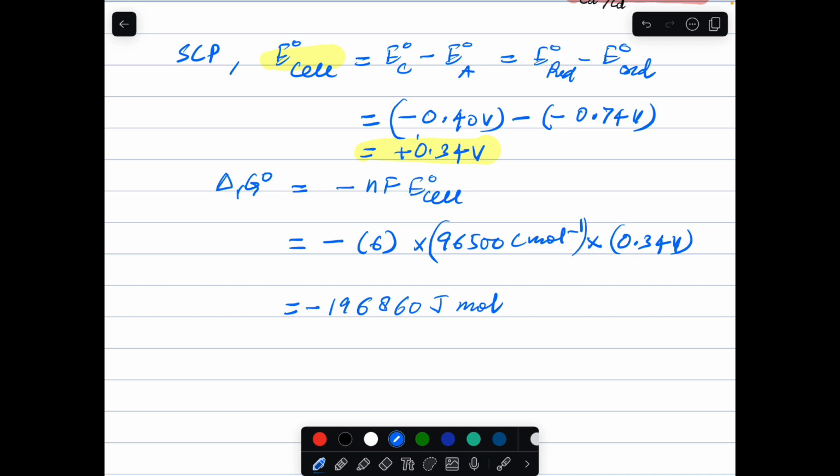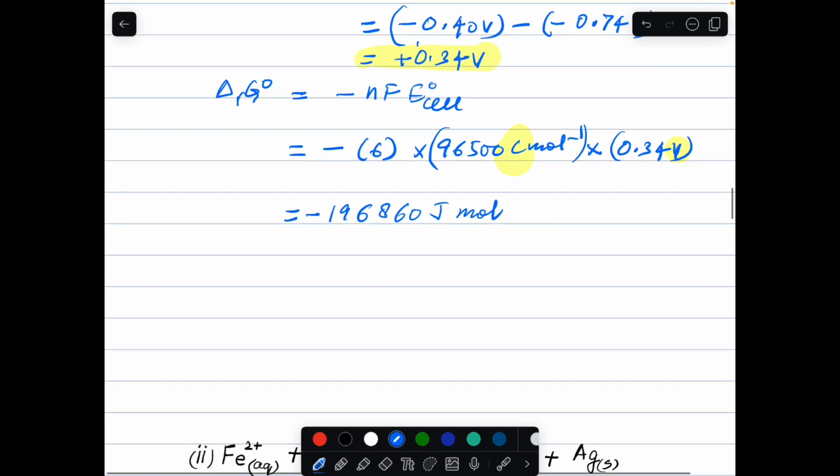And have a look here, your coulombs multiplied by your volt will give you the value joule. So therefore we are writing the answer in joules per mole.